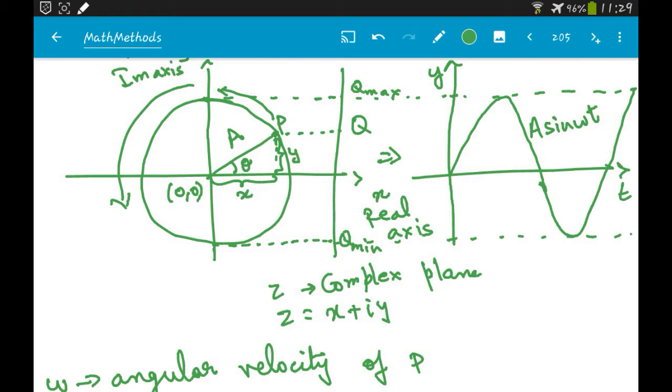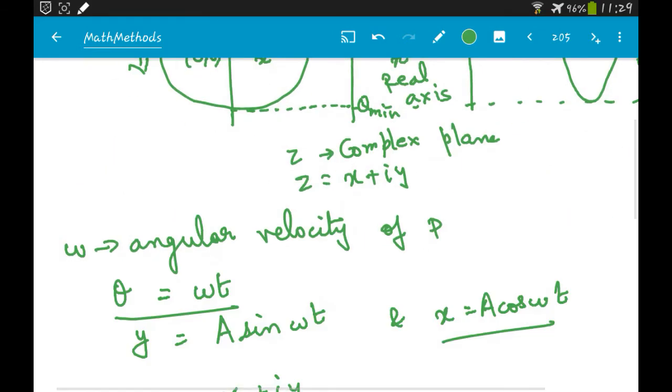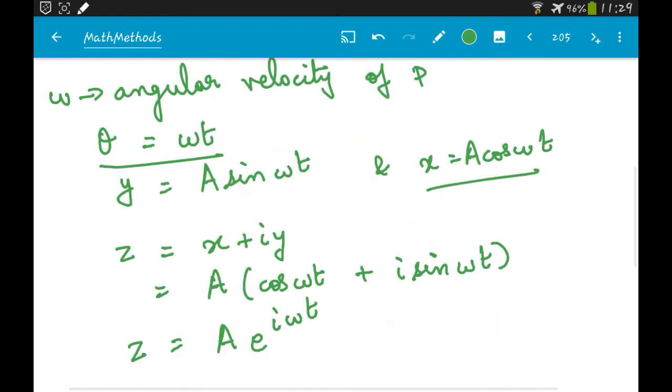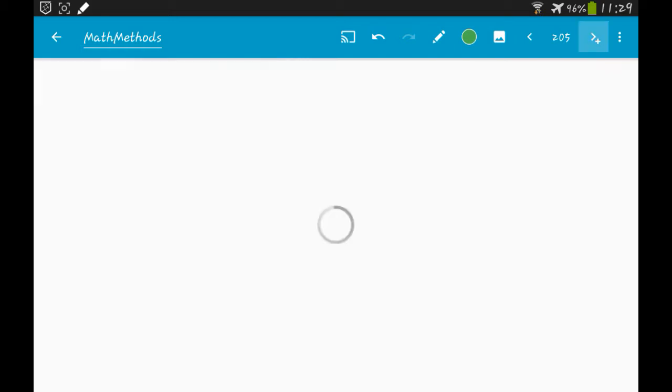So Fourier was a mathematician, okay, and he was a great mathematician because he realized that any periodic function can be represented as a sum of sines and cosines. Okay. So what is Fourier series?